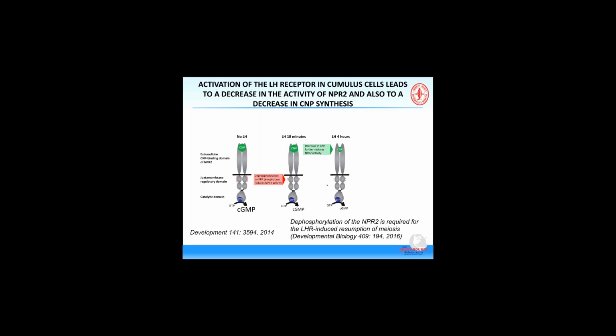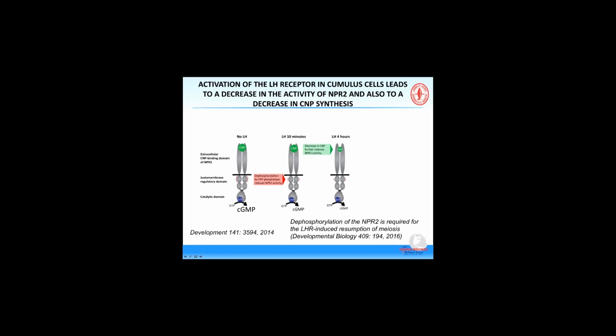So the NPR2 receptor is very important in ovulation, and this has actually been described very recently in the past couple of years or so. And one of the important actions of LH turns out to be that it dephosphorylates some of these phosphorylation sites that are present in the NPR2 receptor.